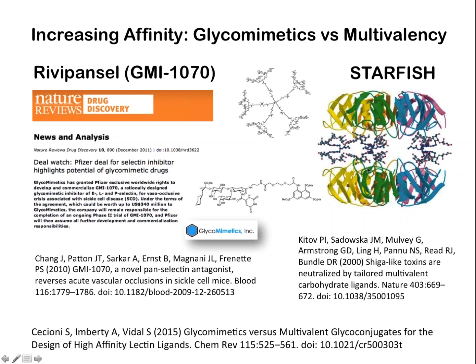So you can mimic that kind of multivalency by making branched structures which have the active molecule at the end. Here's an example that actually works against Shiga toxin, done in 2000, I think. It's called Starfish, and it neutralizes Shiga-like toxins. That's another success story. This topic, glycomimetics versus multivalent glycoconjugates, is nicely discussed in the review down here from that group.